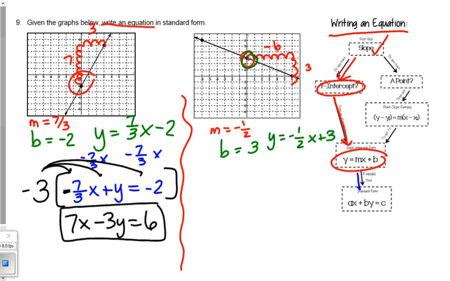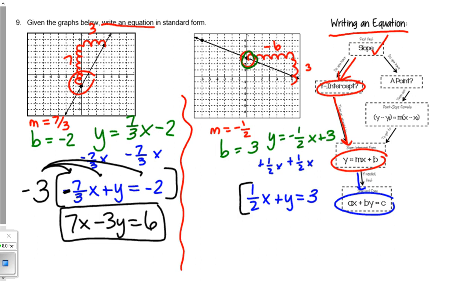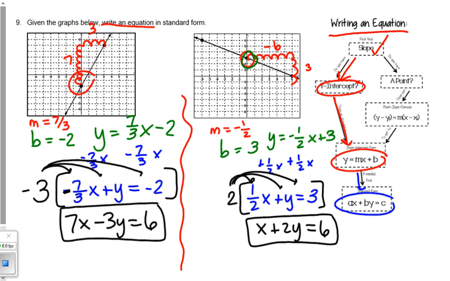But then, to get standard form, I'm going to add that 1/2 x over. So I've got 1/2 x plus y equals 3. Almost good, except that I can't have this fraction here, so I'm going to multiply by 2 because it's the denominator. And I get x plus 2y equals 6. That would be my final answer.